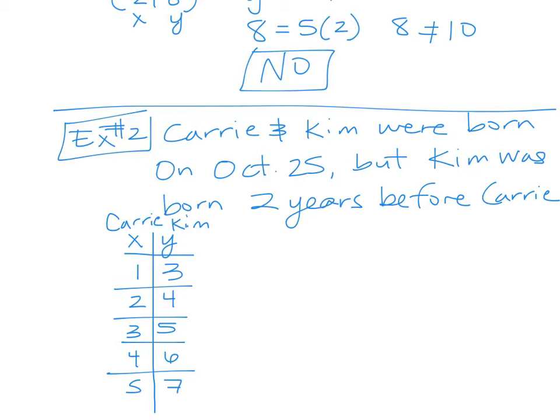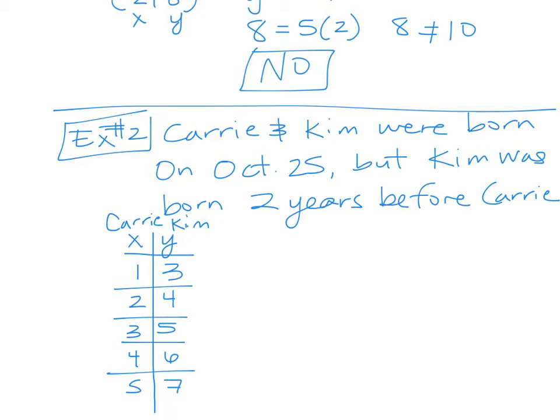What's happening every time? From Carrie to Kim, what are you doing? What is the pattern? You made a mistake, first of all. You made 4, 6. Actually, no, hold on. Never mind. I thought you made a mistake, but never mind. I just realized it.